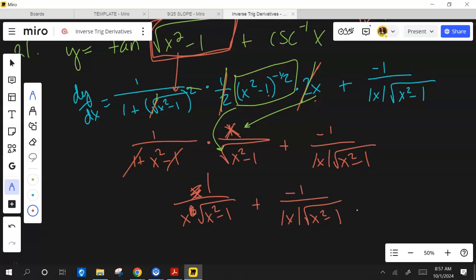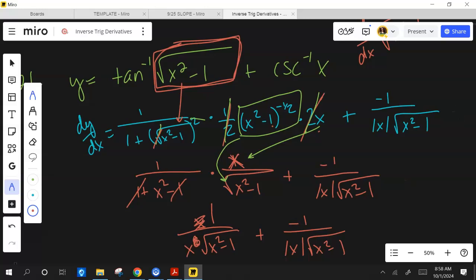And technically, when x is positive, this just equals 0. I haven't plugged into anything. Where did I plug in?